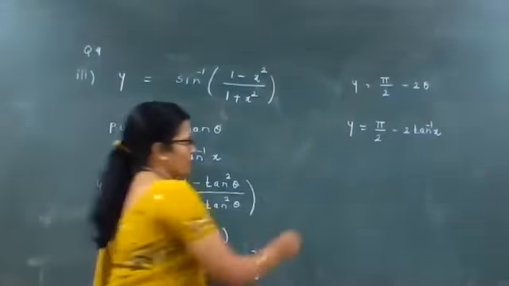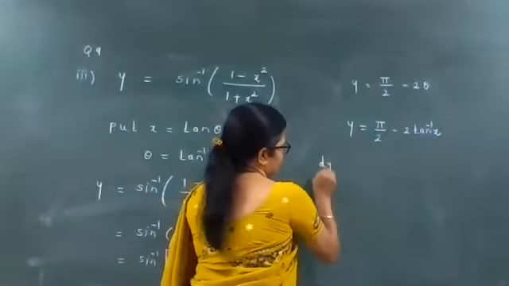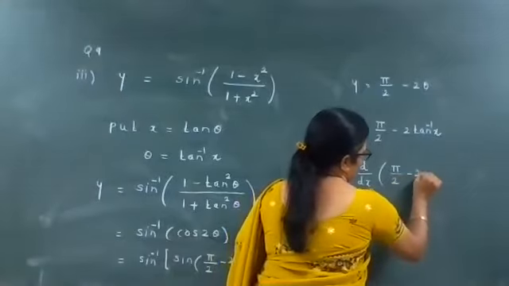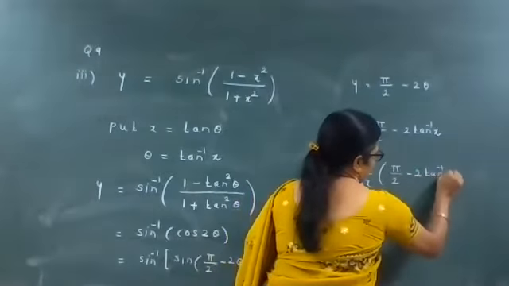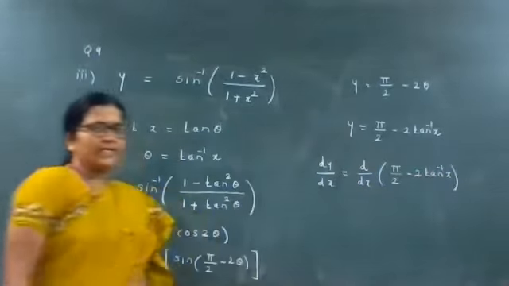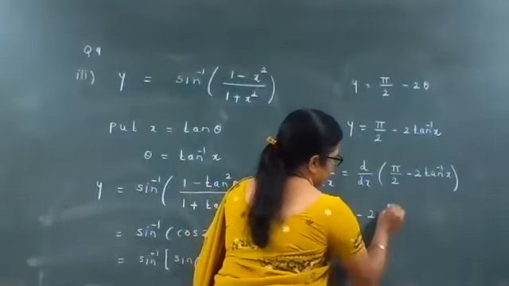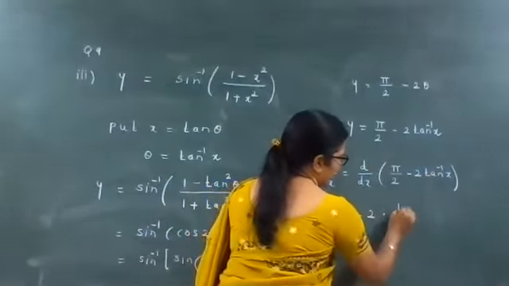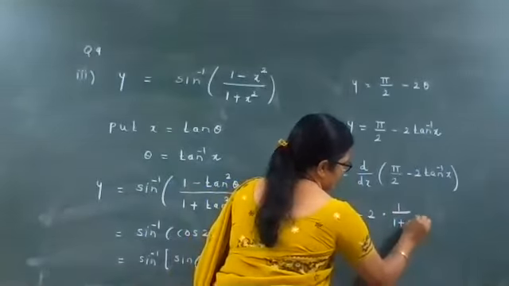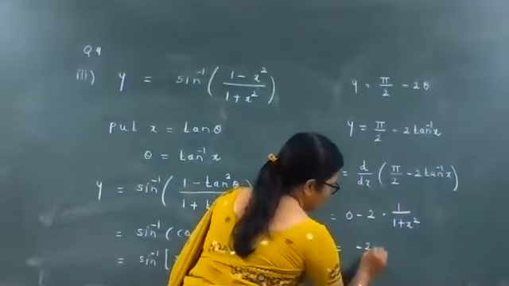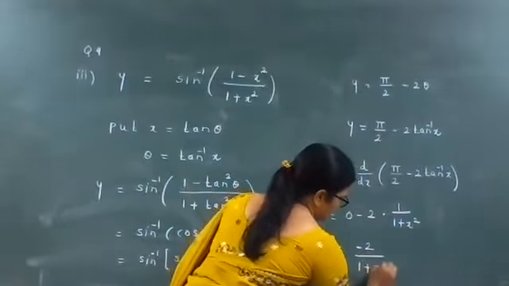Differentiate with respect to x. Derivative of pi by 2 is 0. Tan inverse x derivative. So final answer: minus 2 divided by 1 plus x square.